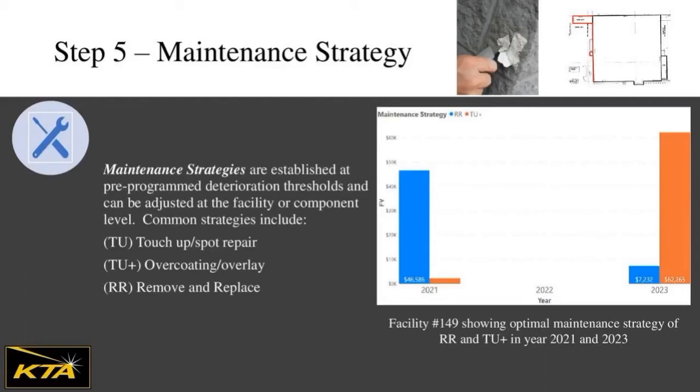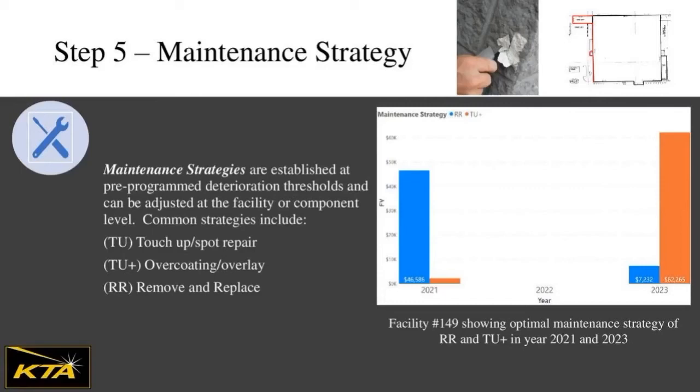So when the data condition was rolled up, $46,000 of work was required in 2021 for removal and replacement. But the rest of the facility was in good shape and could be pushed out to 2023, which consisted of mostly overcoating.